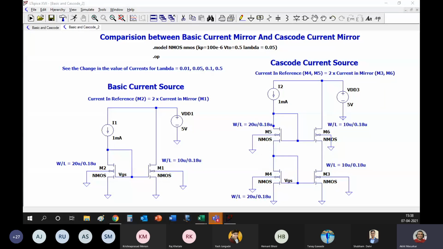Good. Go for the third circuit now, and try seeing all this for different values of lambda.